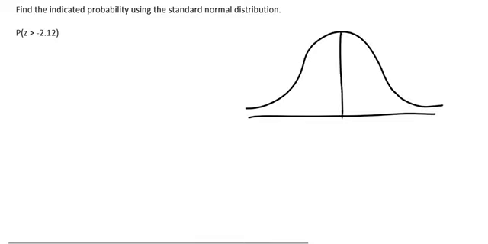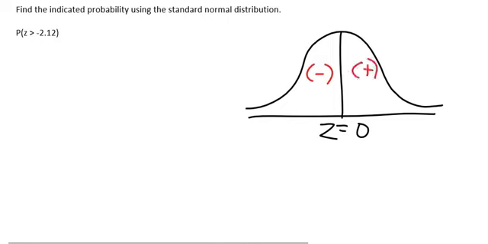Recall that the middle value is the mean, and the middle value corresponds to the z value of 0. What this means is that all of the z values to the left will be negative z values, and all the z values to the right will be positive z values.